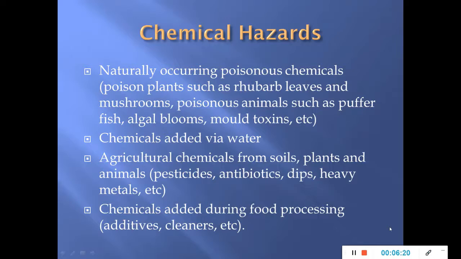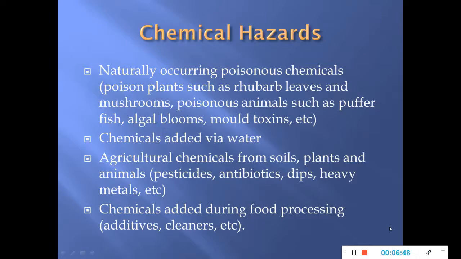Now, excess chlorination could cause more chlorine to be found, and we have already mentioned the agricultural chemicals, and the chemicals added during food processing like additives, that also could serve as a chemical hazard. Previously we had seen an example in which more monosodium glutamate was being added.